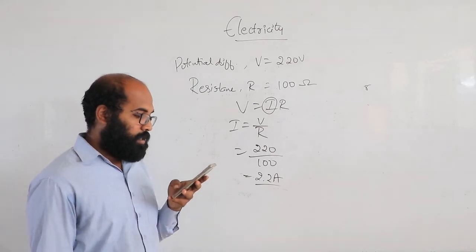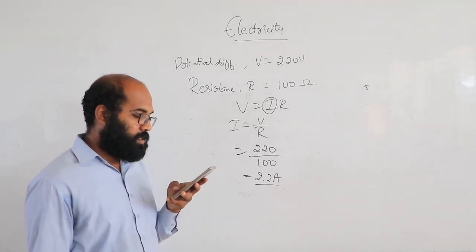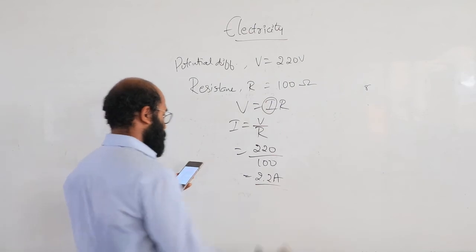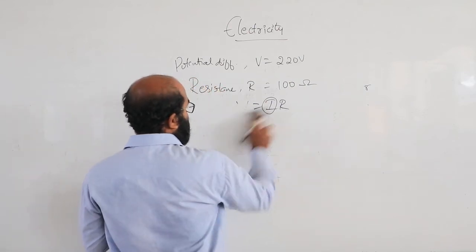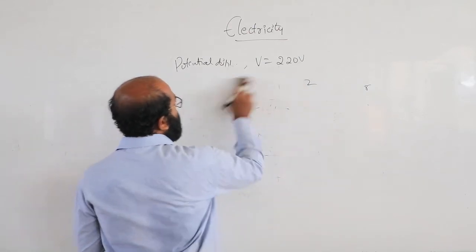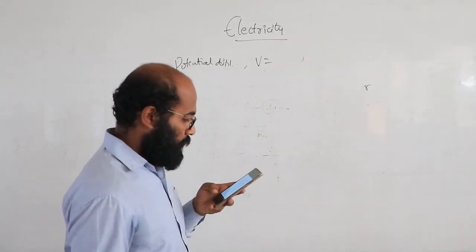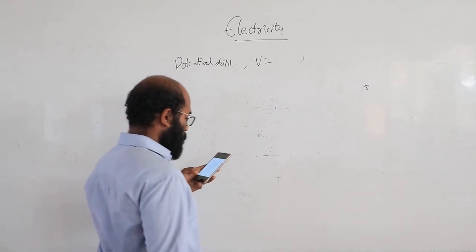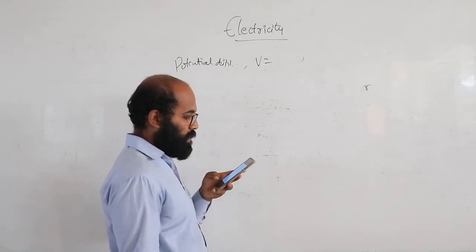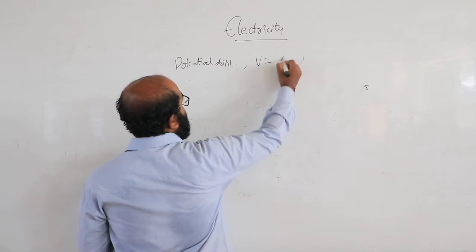Next, the potential difference between the terminals of an electric heater is 60 volt.